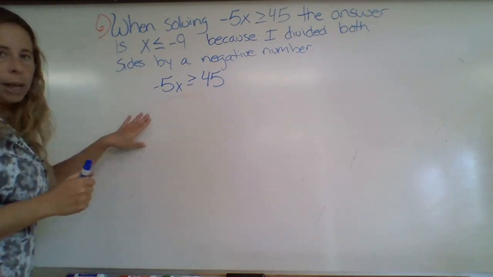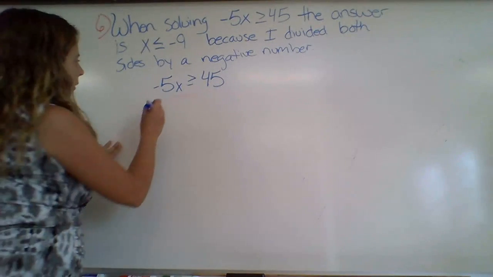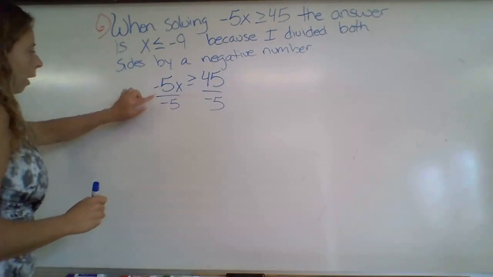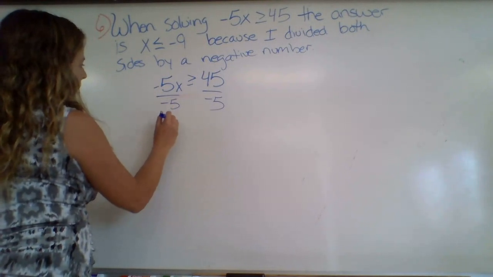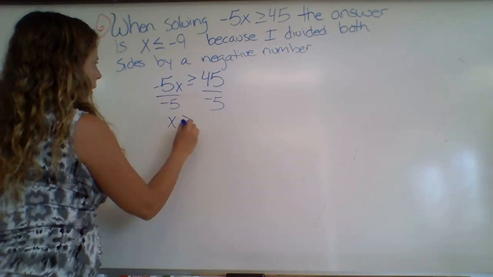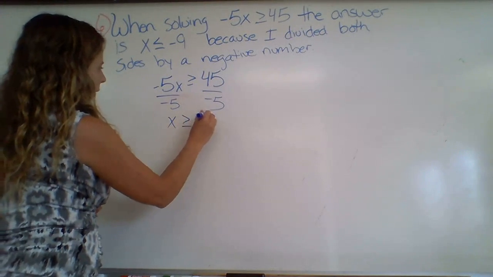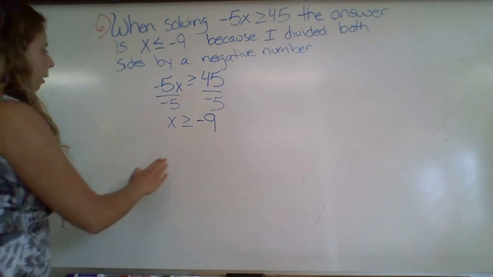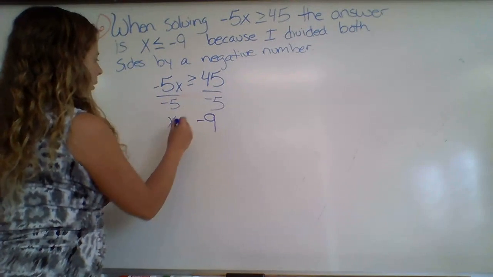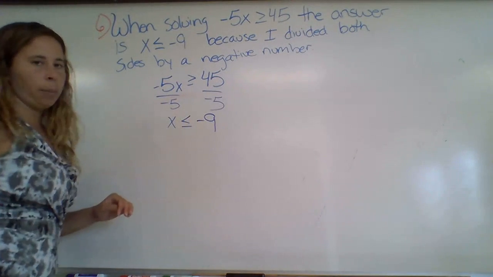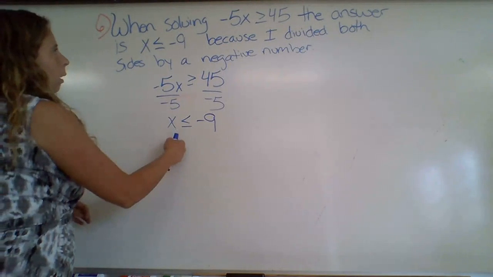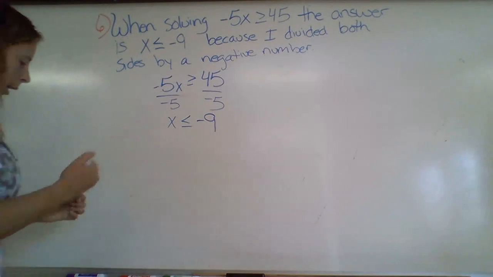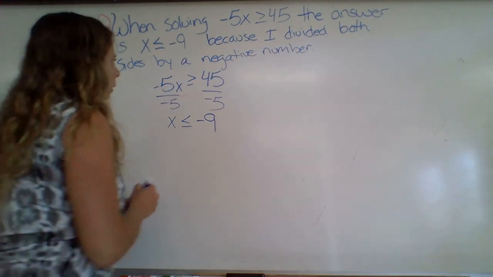I would divide both sides by negative 5. Negative 5 divided by negative 5 is just 1, which is x. 45 divided by negative 5 is negative 9. But I am dividing by a negative number, so I have to flip my sign. So that is correct.